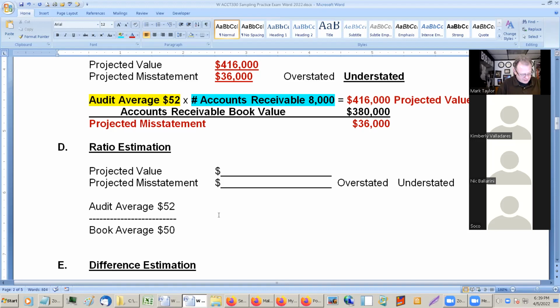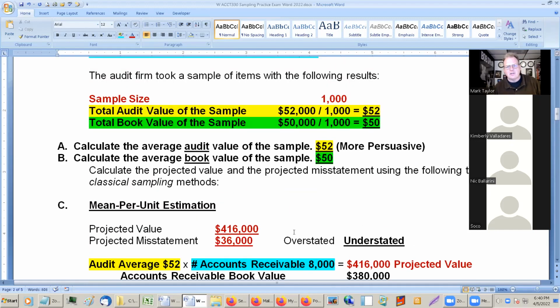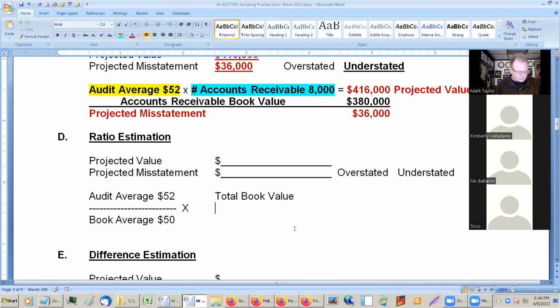Wait, we've got to multiply this times the total book value, which is 380,000.